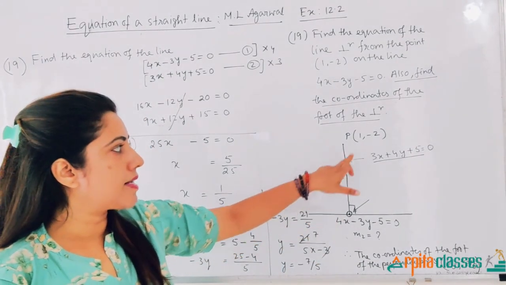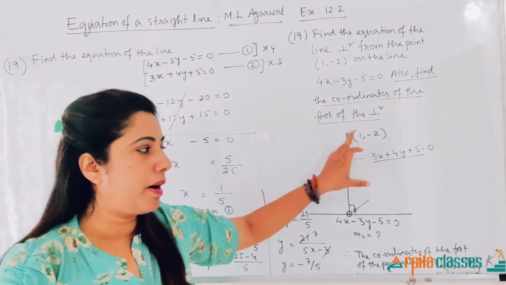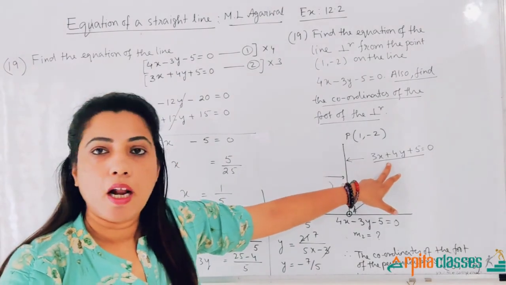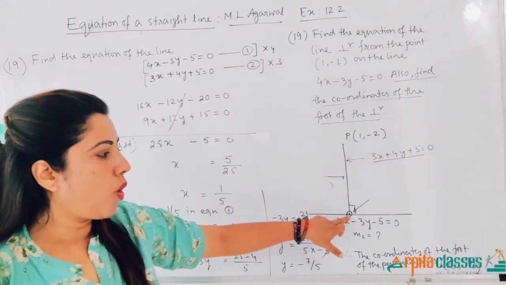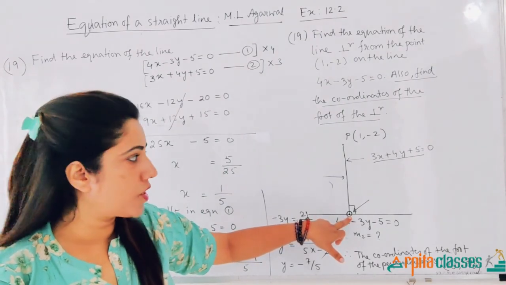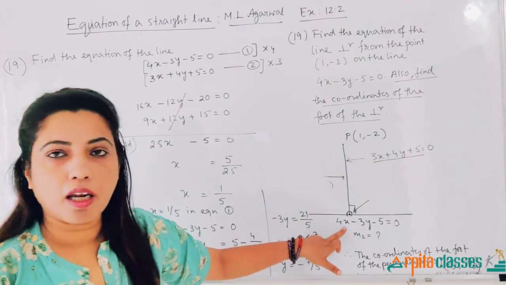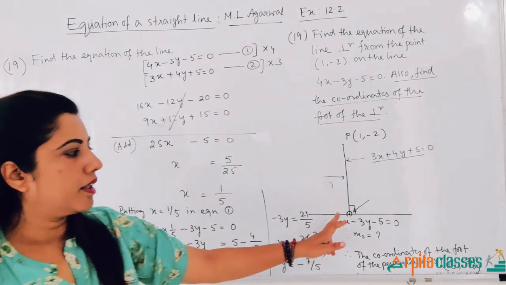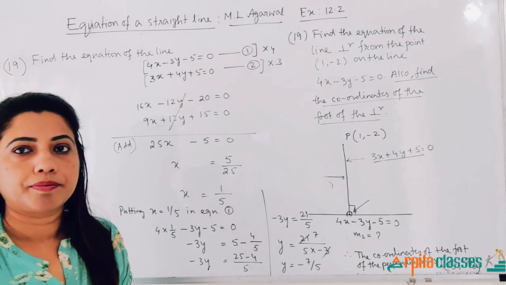Also the required line passes through this point, so we get the equation of this line by the slope point form. Once we get the equation, now in the second part they are asking the coordinates of the foot of the perpendicular, that means this point, which is the intersection point between this line and the given line. So we have to solve these two equations simultaneously to get the foot of the perpendicular.